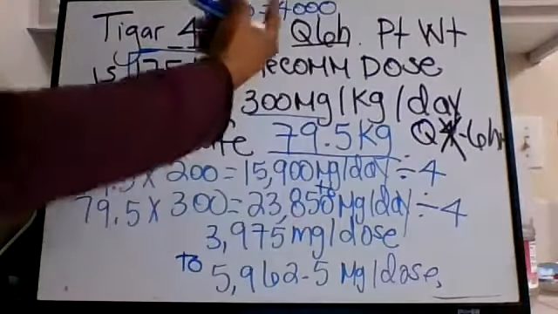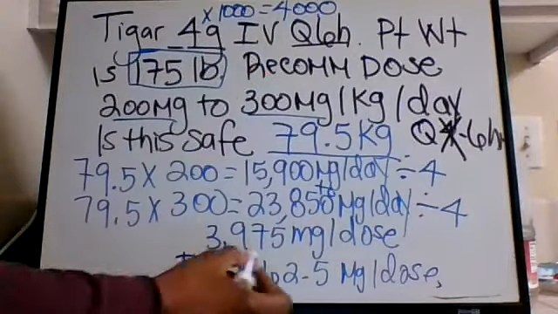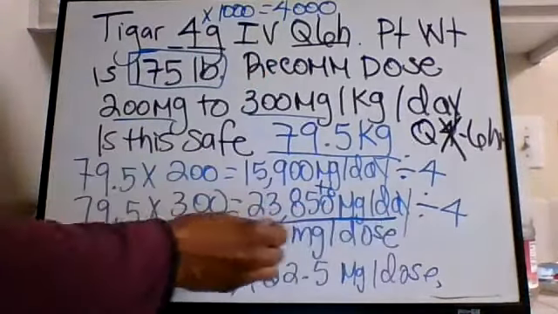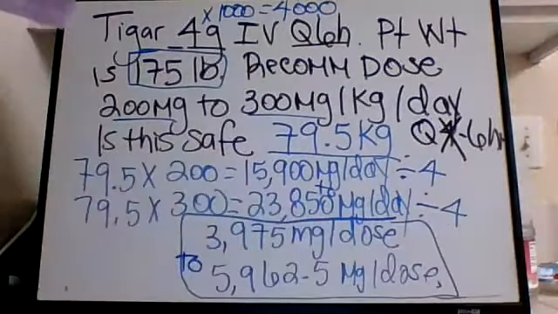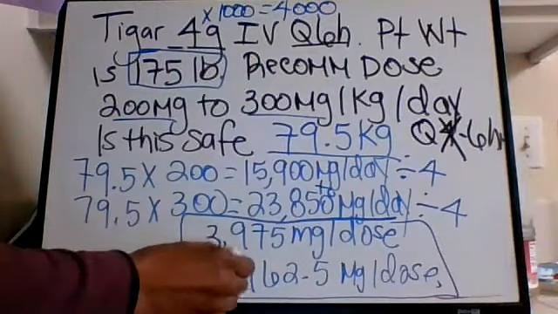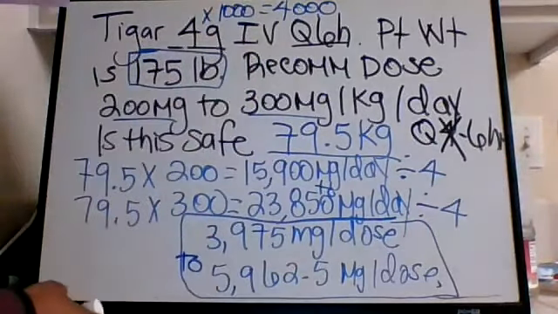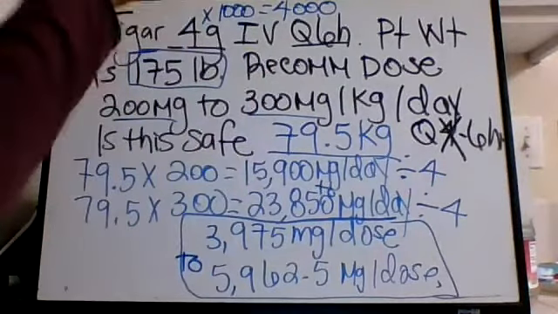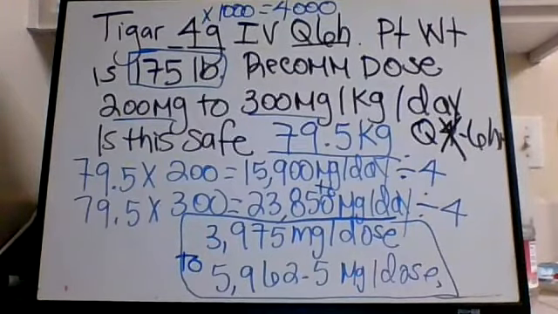So now we look at what the doctor ordered as 4,000 milligrams. So this is what we're looking at now. Is the 4,000 safe? Yes, it is. It falls right in between here. So yes, the 4,000 milligram dosage is safe to administer to a child weighing 79.5 kilograms. Okay, so that is it, folks.